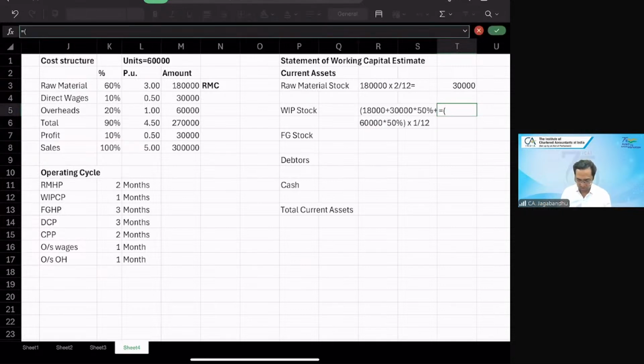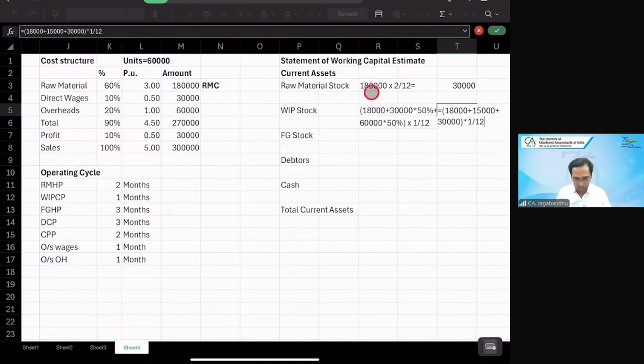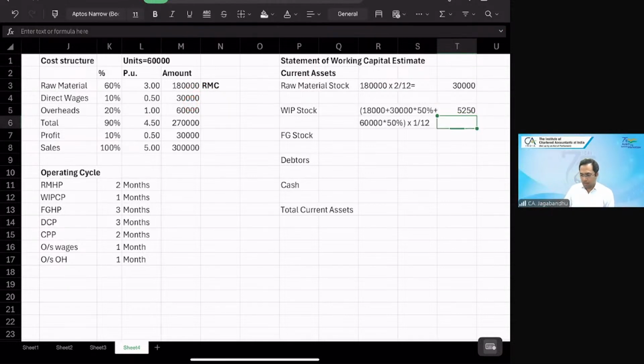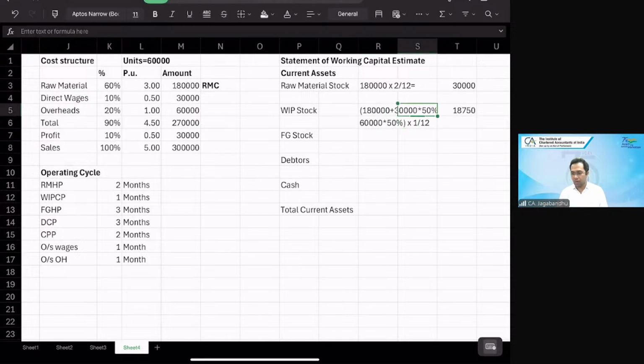So this is going to be 18,000 plus 15,000 plus 30,000 multiplied by 1 by 12. There's a mistake, it is 1,80,000. So that's going to be 18,750. Perfect, guys. Because we remember that we need to take the conversion cost to be 50%.